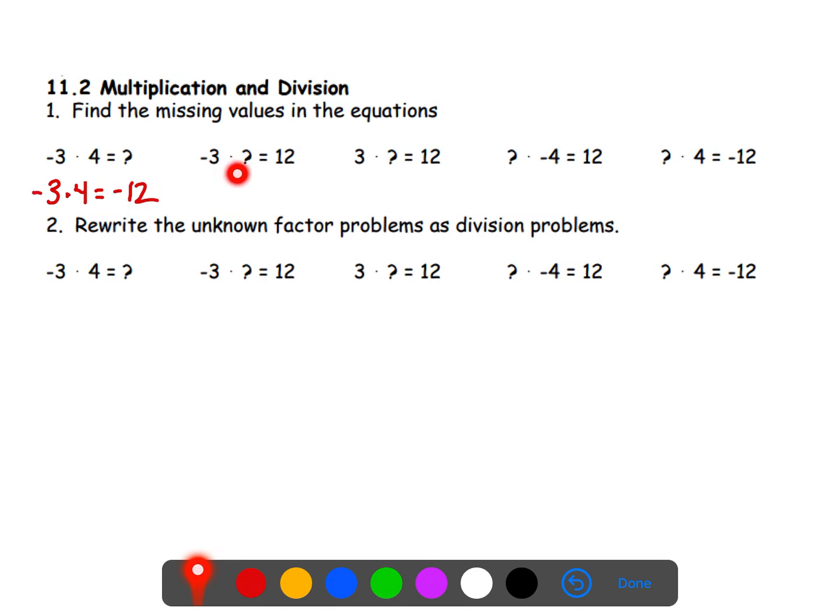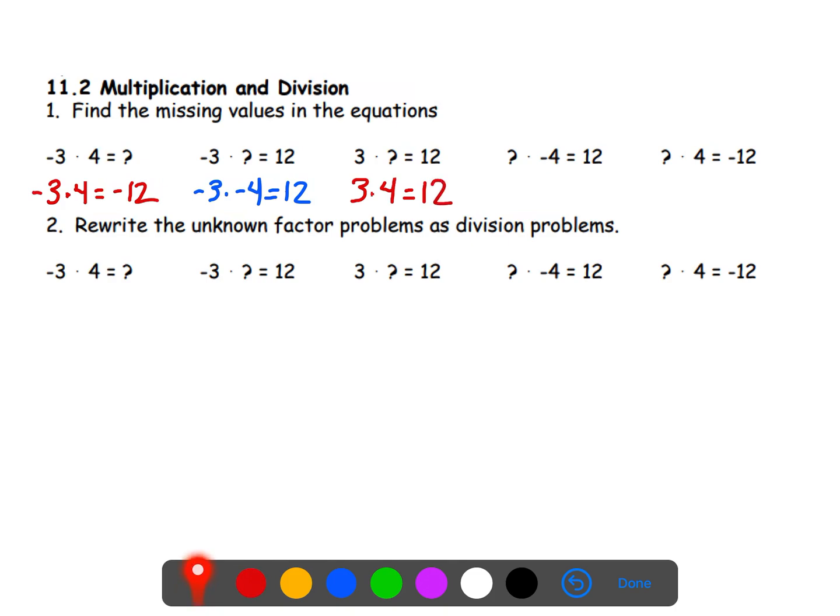So we need 2 negative factors, meaning that we need to multiply negative 3 by another negative number in order to get positive 12. For the next one, we want to keep our product positive. We have a positive factor, so we need another positive factor. So 3 times 4 equals 12.